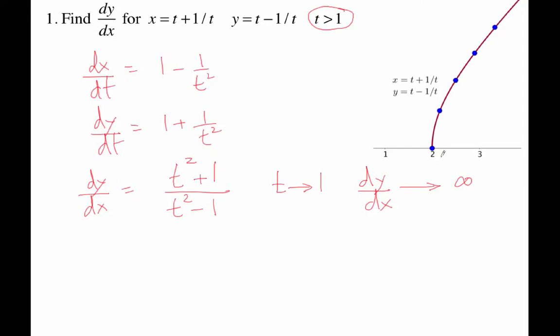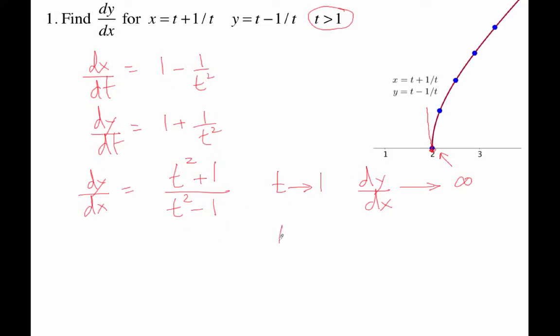So that means that when t is 1, or equivalently we are at this point, the derivative becomes infinite. And so you can see, in fact, that's exactly what's happening. The derivative has become infinite at this point over here.